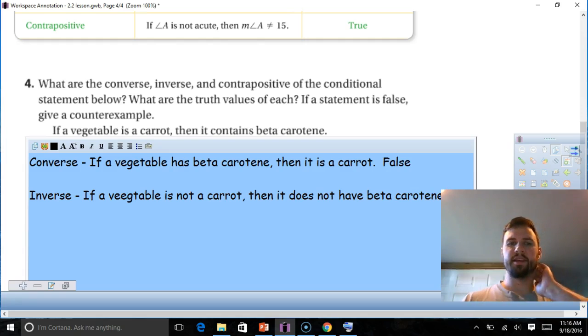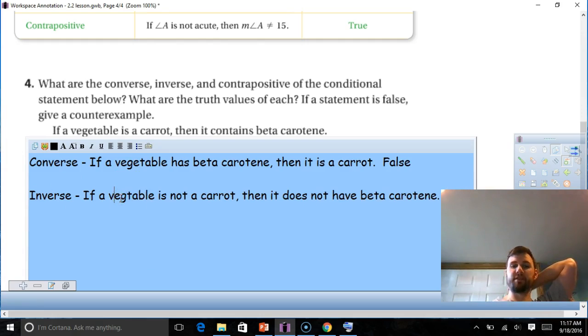And this one is, again, peppers aren't carrots, and they have beta-carotene, so that's also false.